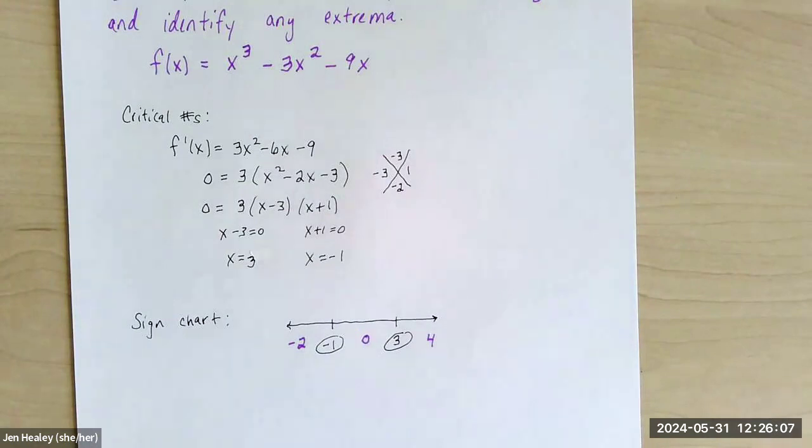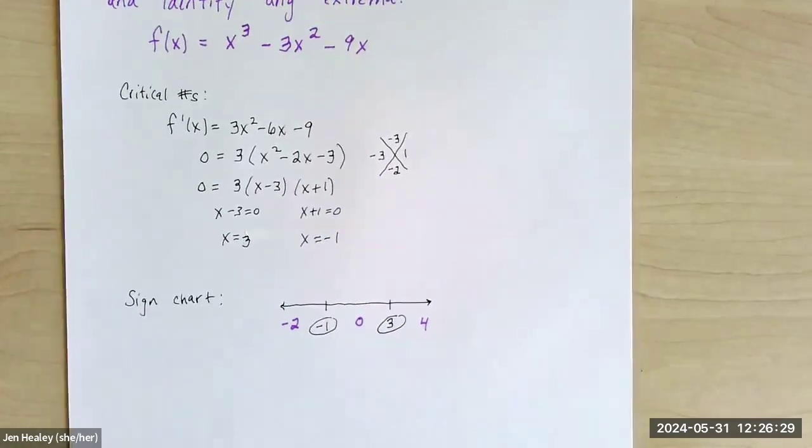Am I plugging them into the original function, or into my derivative to figure out where these things are increasing and decreasing? I want to know where the slopes are positive and where the slopes are negative. Yeah, we want to use the derivative.